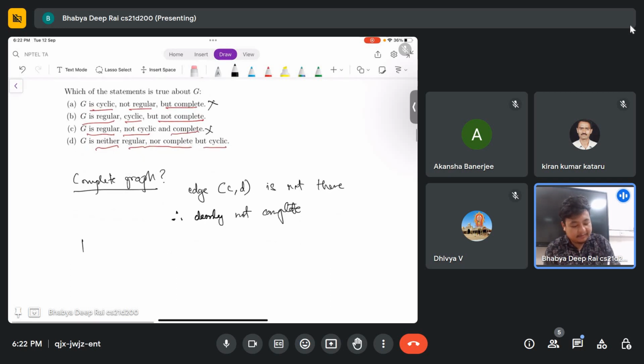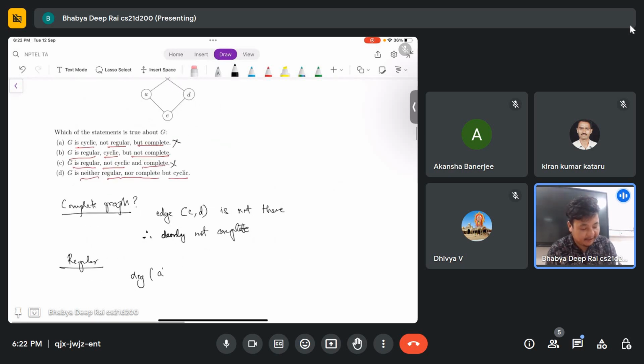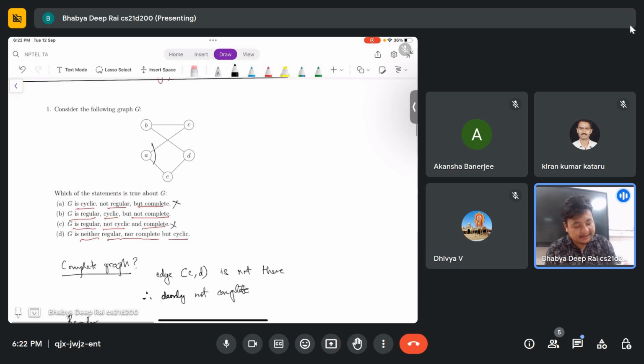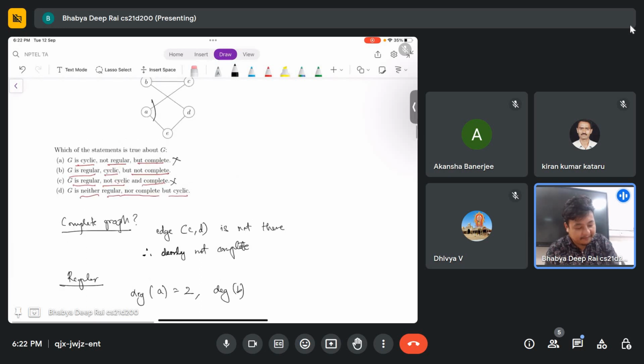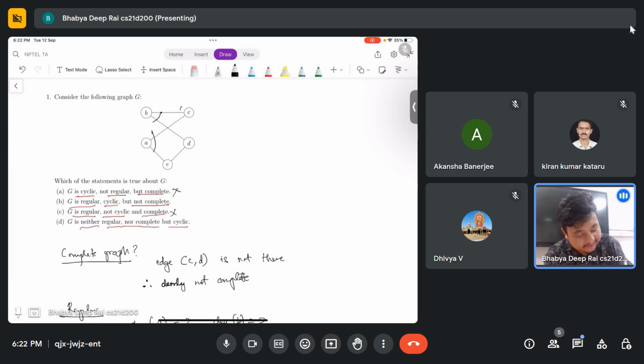So is it regular? Now check the degree of each vertex. Degree of A. What is degree of A? A is connected to two vertices. So 2. Now check degree of B. Degree of B is also 2. And keep checking. Degree of C is also 2. Degree of D is also 2. Degree of E is also 2.